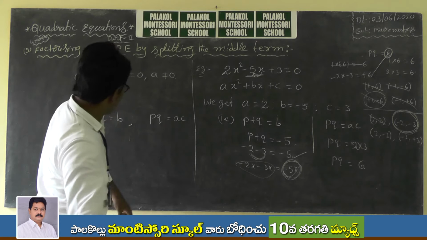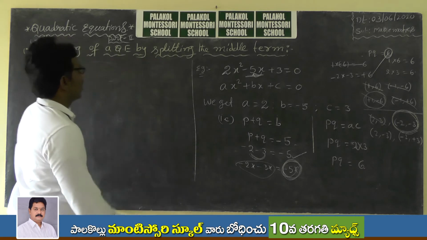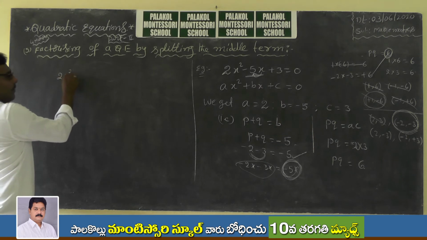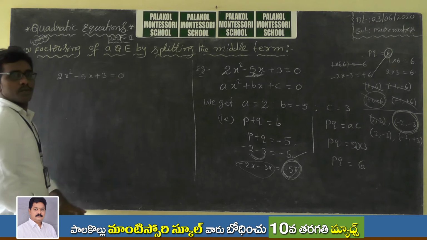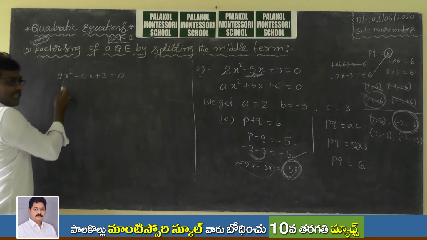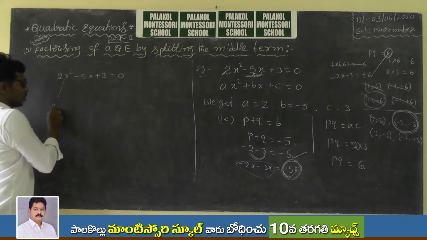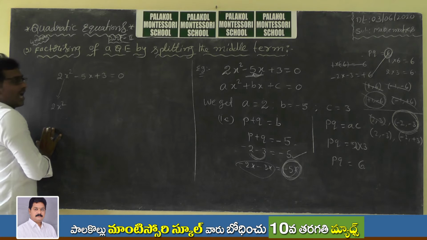Okay. Now I write that one. See, 2x square minus 5x plus 3 equal to 0. Guys, so you bring down the first x square term, don't change it, as it is you bring it down.